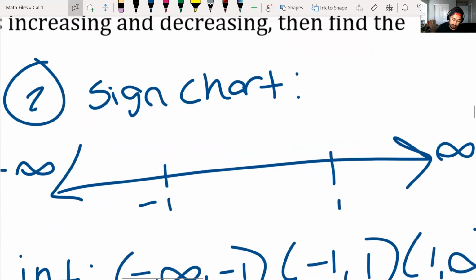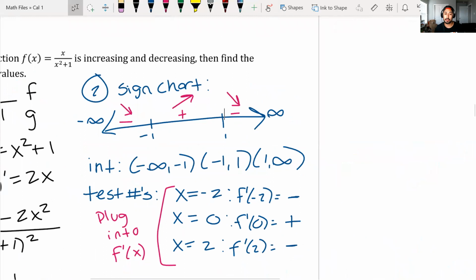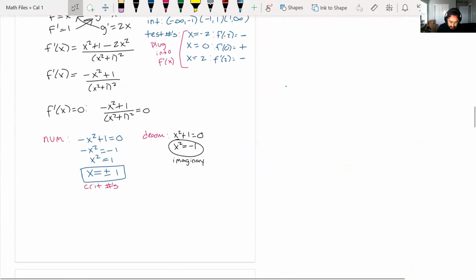So this means that we are negative and decreasing, positive and increasing, negative and decreasing. Negative, positive, negative, just like the signs we got from our test numbers. And now, step 3, we look for max and min. So I'll do that down here.